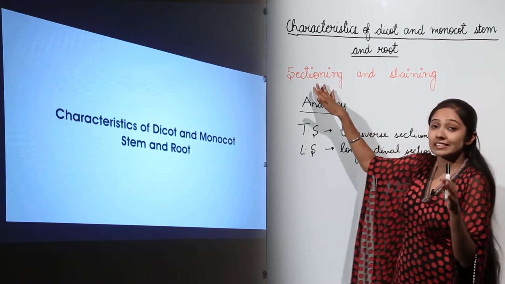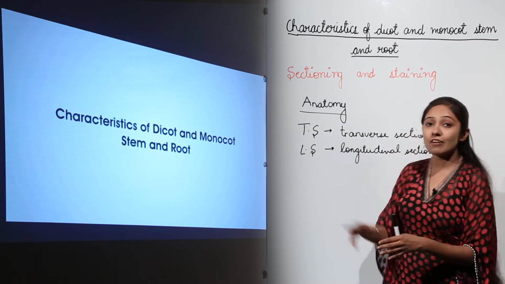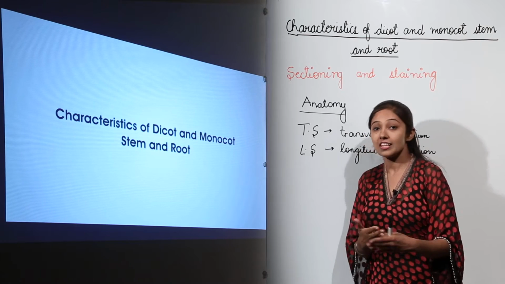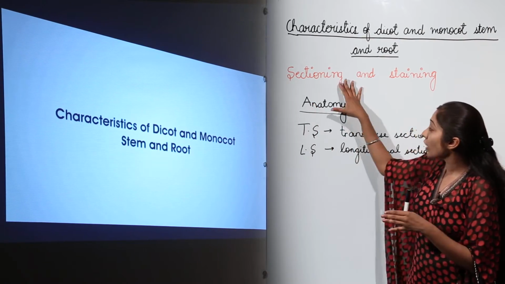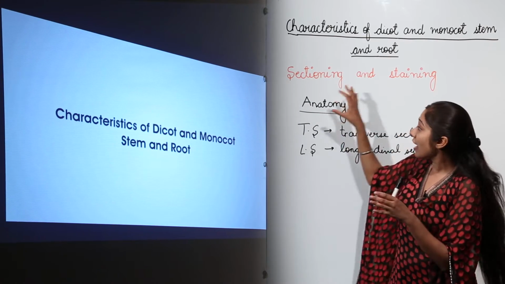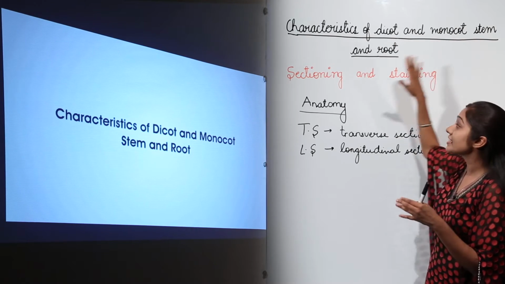So we will be discussing the sectioning and staining techniques so that you can have a practical hands-on experience which is going to help you analyze how the tissues are arranged in case of dicot and monocot, stem and root.